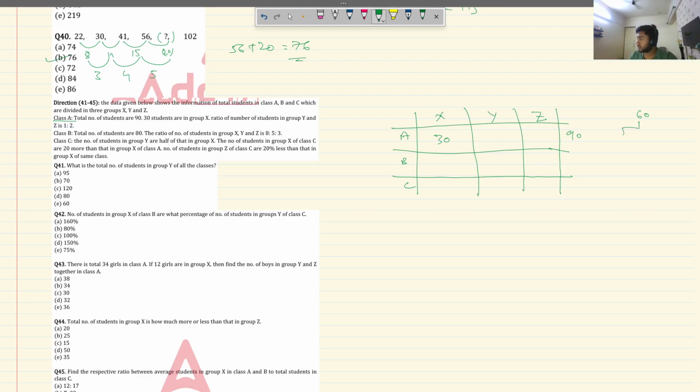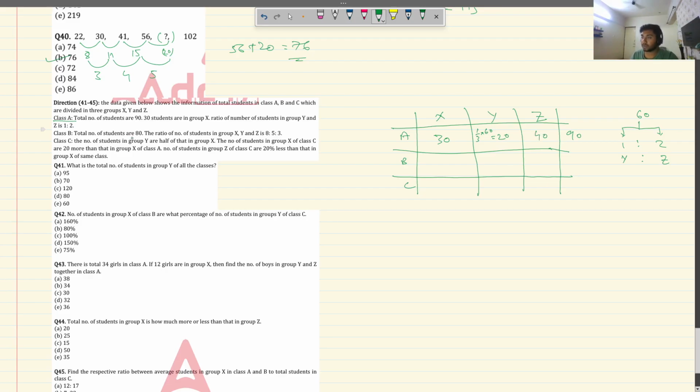So I have to divide this 60 in the ratio 1:2, in terms of Y:Z. So my Y would be 1 part out of 1 plus 2, 3. So 1/3 of 60, that is 20. This is 20, then this must be 40.